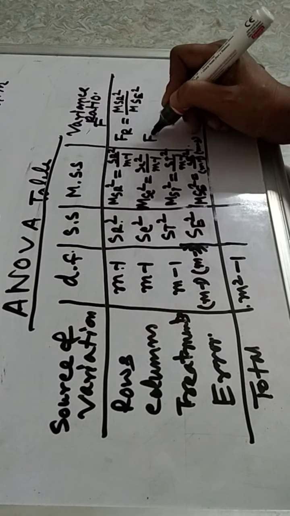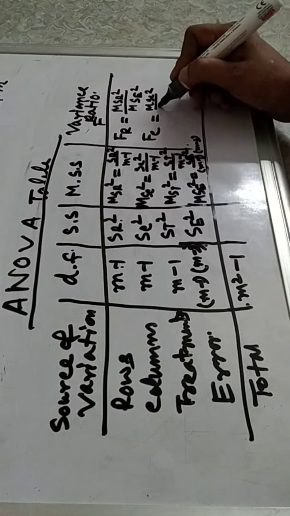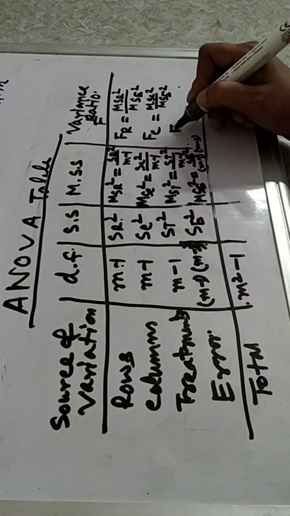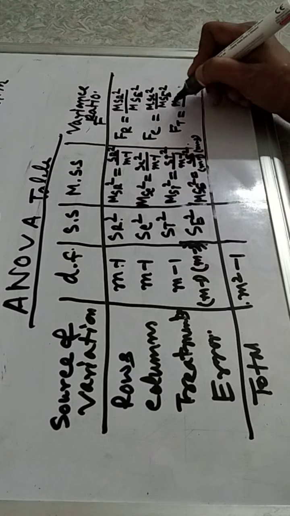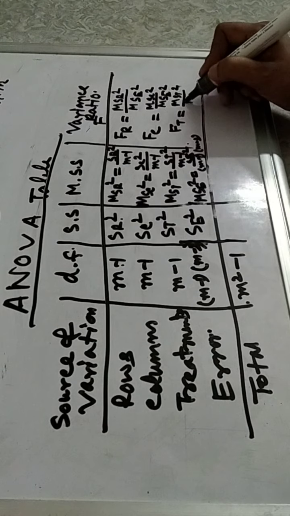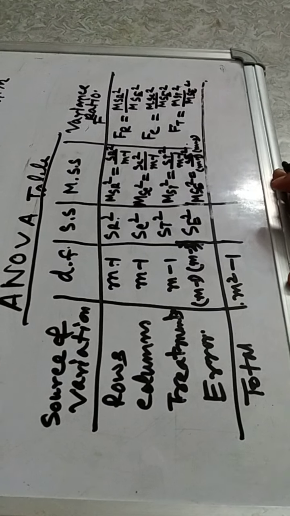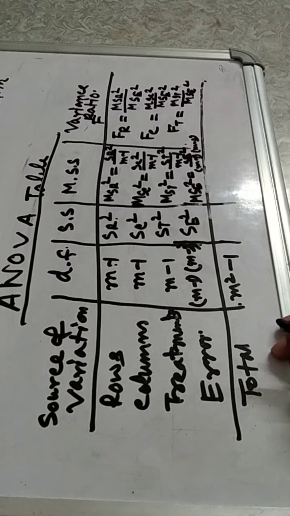Then FC is equal to MSC square divided by MSE square. Then FT is equal to MST square divided by MSE square. Here we get 3 variance ratios, and this is our ANOVA table.